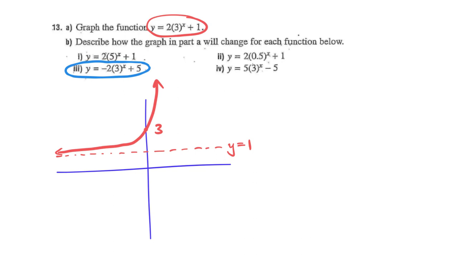Now, we're going to produce the blue. So my blue graph should have a horizontal asymptote at y equals 5. We can see that it was a graph that was 3 to the x, so rising, but because of the reflection in the x-axis, it's now going to be decreasing, it's going to be falling.